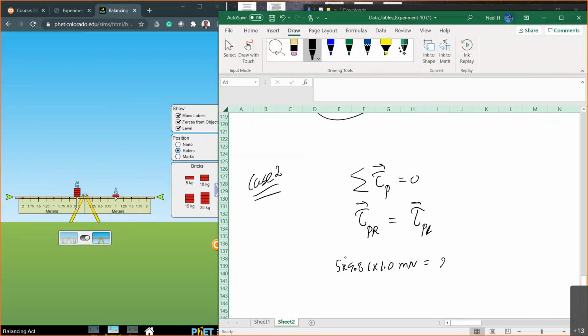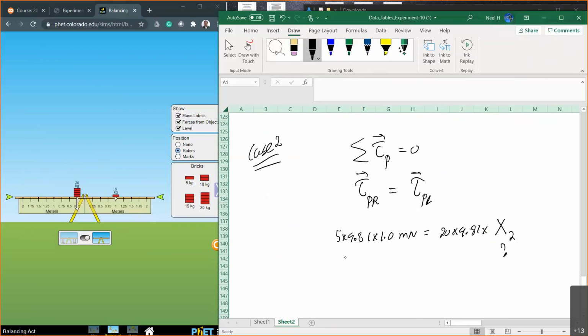Left hand side I have 20 kilogram, 20 times 9.81 multiplied by, let's say the position x2, I don't know. That's the one we need to find, okay? And the Newton cancels out. You will get, after solving, unit meters. 9.81 cancels out. Then you will get x2, which is simply equal to 5 divided by 20, in meters. So this is 5 times 1 over 20, 1 over 4, which is about 0.25 meters.